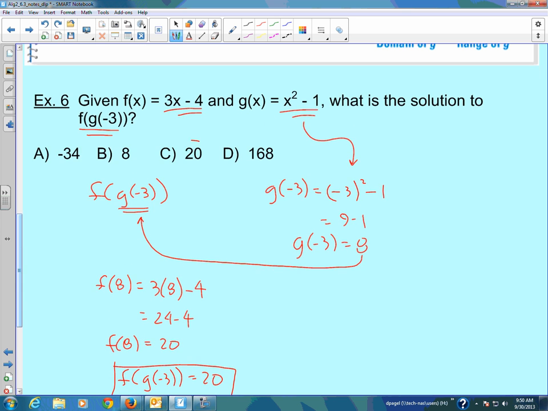That should have been our answer C here. So there's just showcasing the whole idea of plugging one function into another.